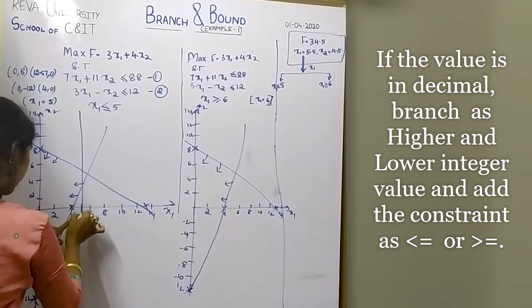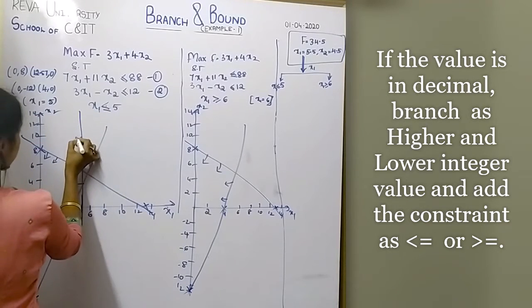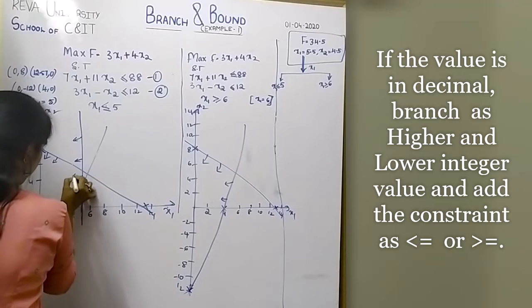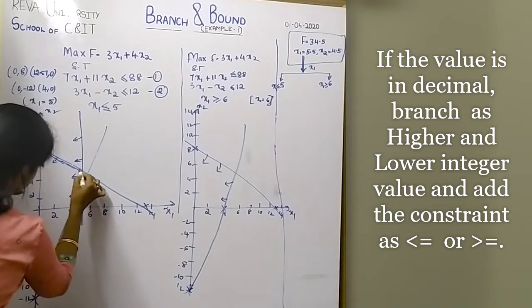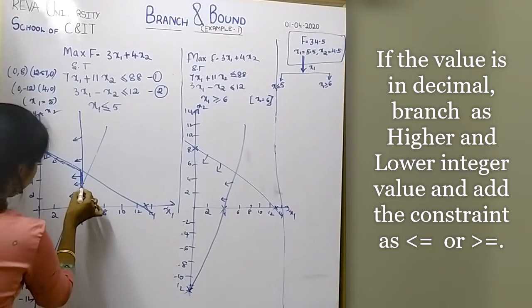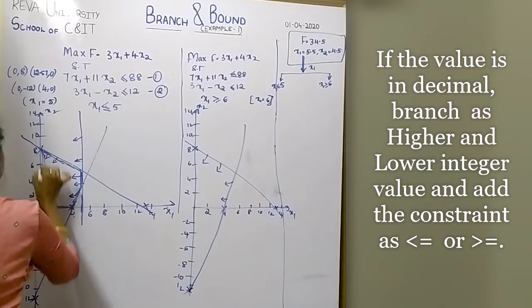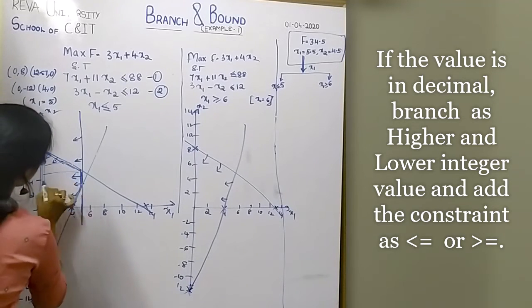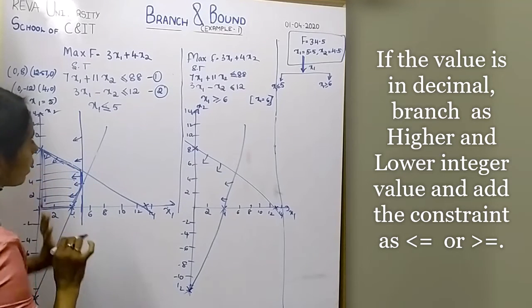So draw a line like this. And what is the constraint? Less than. So again you are restricting the area. Now your value should reside within this. You have eliminated this portion. And this area is called the feasible region wherein your value may reside.